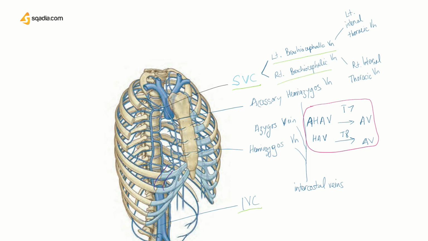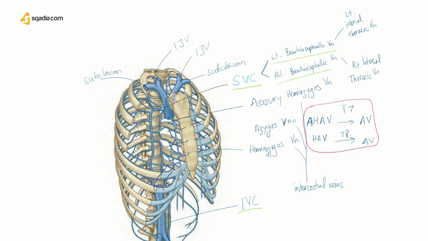Now the left and the right brachiocephalic vein, although I didn't tell you, but I'll tell you right now, this is the subclavian vein on each side. So this is also the subclavian. And these are the internal jugular veins.